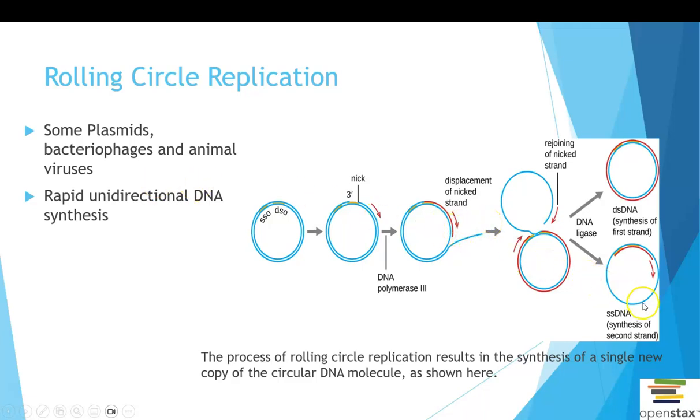They can make single-stranded DNA, and they can also make double-stranded DNA as well. Usually it's unidirectional because it's in a circle, so it goes in one direction, and then they can make a new plasmid, or they can make new DNA in that virus.